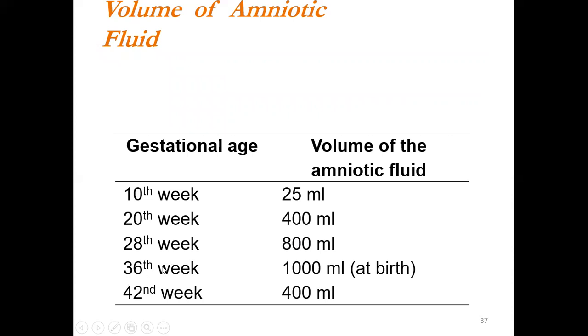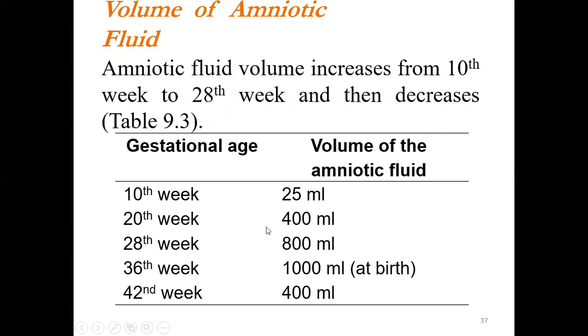And again, it starts decreasing, so that by the 42nd week, it becomes 400 ml. So it is maximum at around the 36th week, that is around 1 liter. So its volume increases from the 10th week to the 28th week and then it starts decreasing.